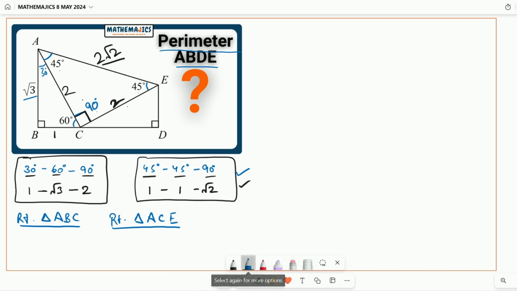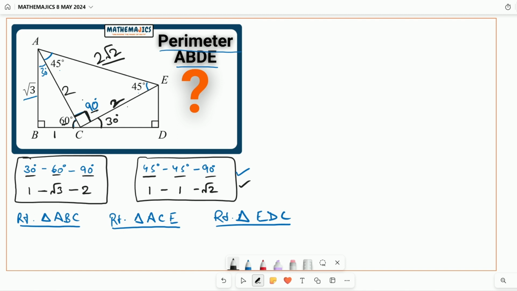Now let's come to right triangle EDC. In right triangle EDC, let's mark angles. See, this is 60, this is 90. So what will be this angle? These three angles, 60 degrees, 90 degrees, and this angle lie on a straight line, so they should add up to 180 degrees. 60, 90, and 30 add up to 180 degrees.